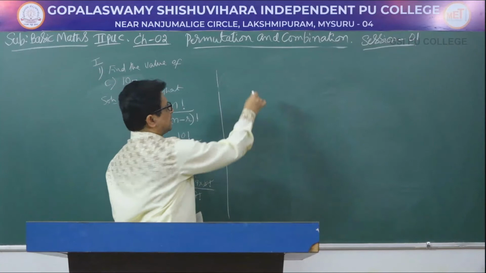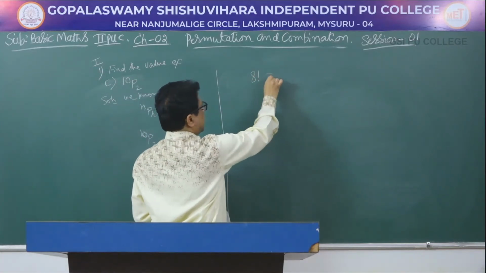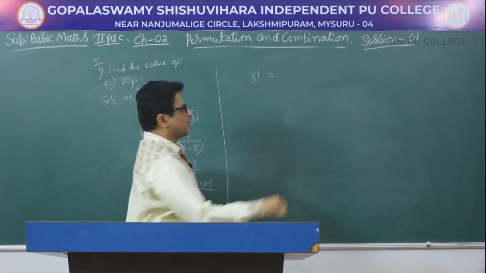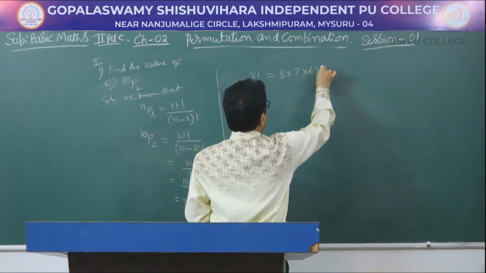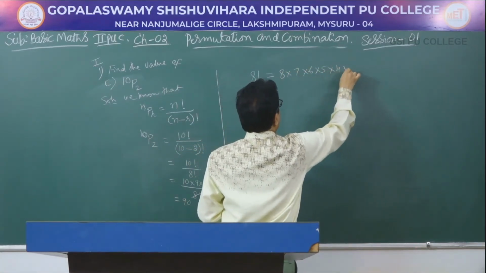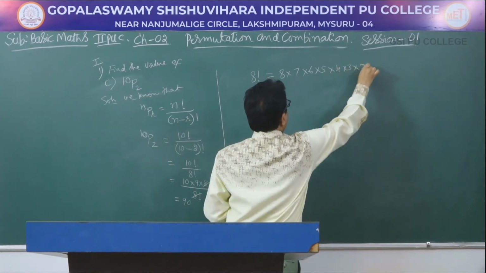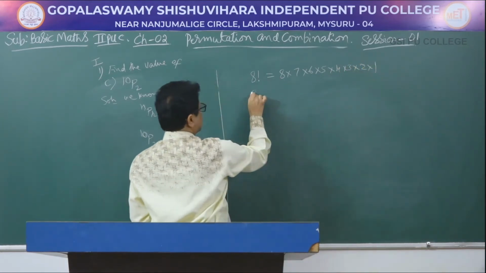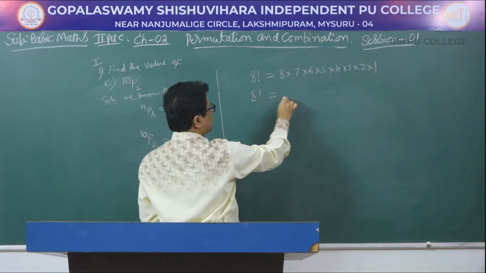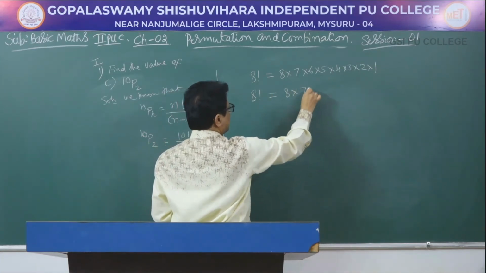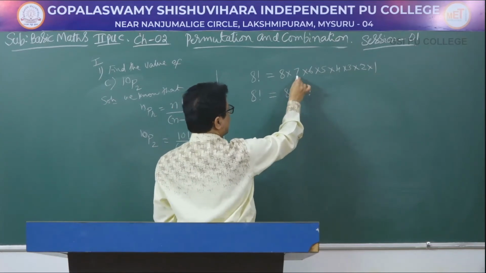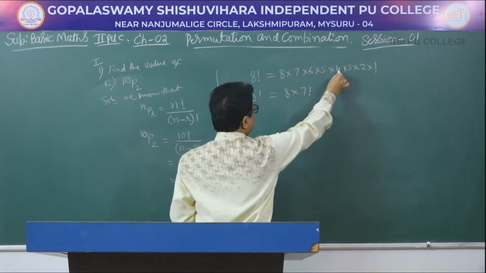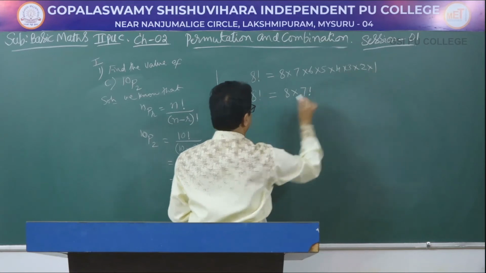See, let us consider 8 factorial. 8 factorial can be written as 8 into 7 into 6 into 5 into 4 into 3 into 2 into 1. The same 8 factorial can also be written as 8 into 7 factorial, because 7 factorial is 7 into 6 into 5 into 4 into 3 into 2 into 1.